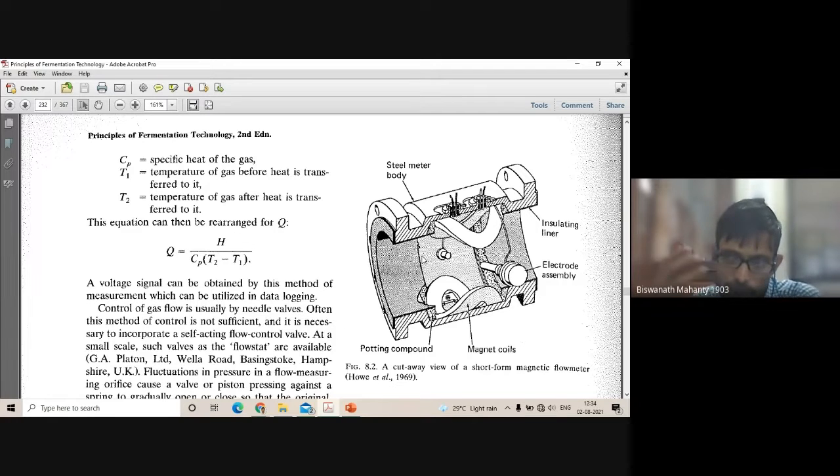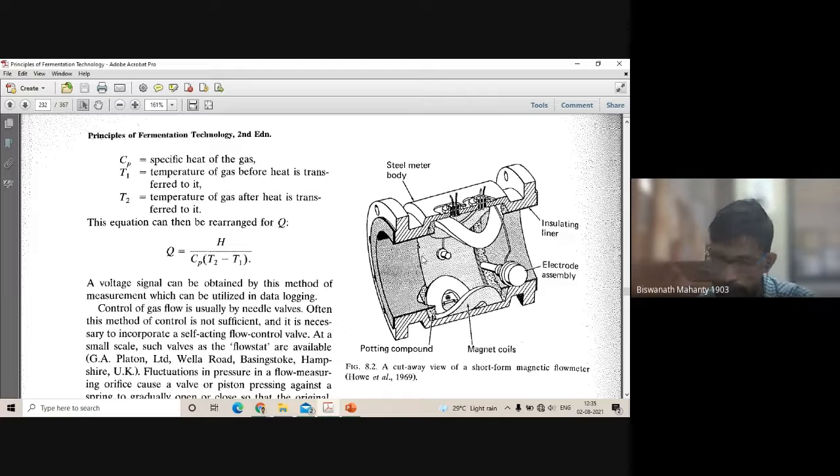If I know the liquid characteristics, that it is a conductive liquid, most fermentation broths are conductive because they are filled with different kinds of salt and nutrients. So electricity is likely to be generated in the outer coil. The magnetic field produces electricity, and we can measure it. But they are very costly, though very accurate.